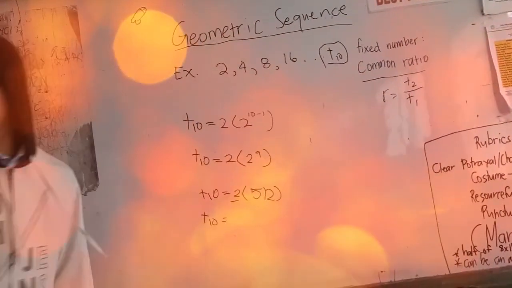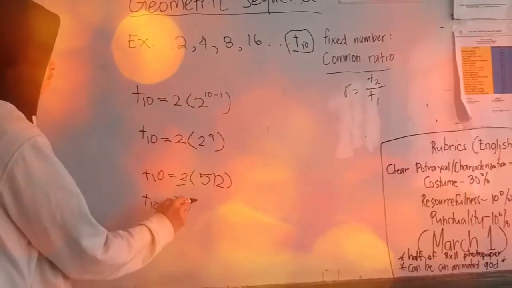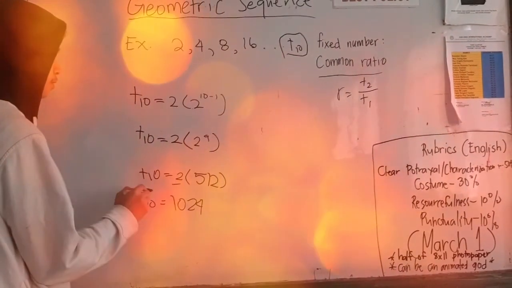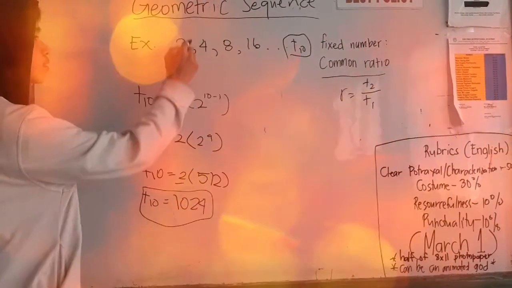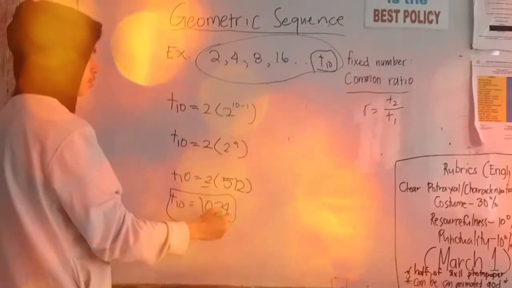Then you will be getting 1024. So in this sequence, your 10th term is 1024.